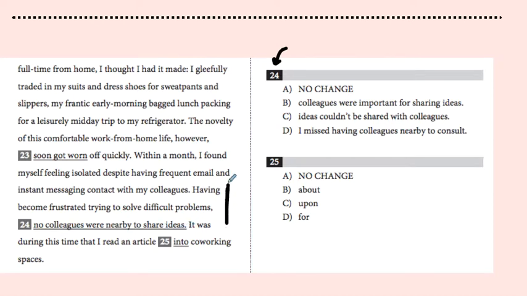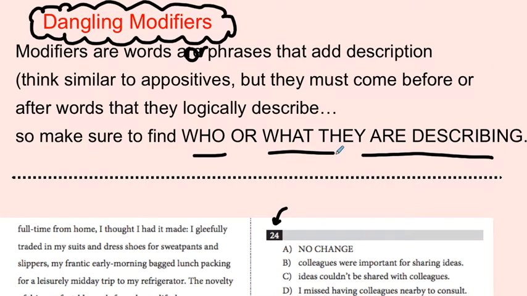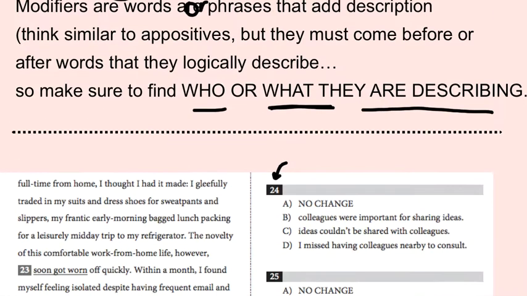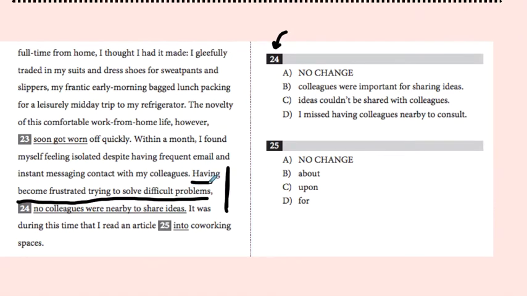So in this sentence, I see that I have a modifying phrase, a descriptive phrase at the beginning of the sentence: "Having become frustrated trying to solve difficult problems." Well, I've got to figure out who or what we're describing here. Who's becoming frustrated?